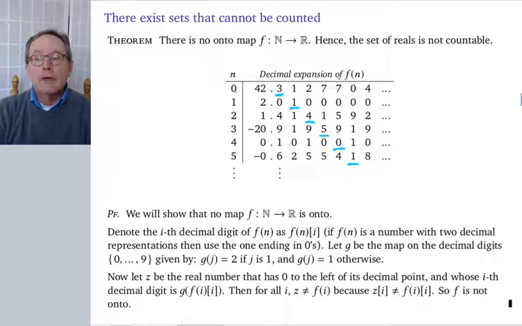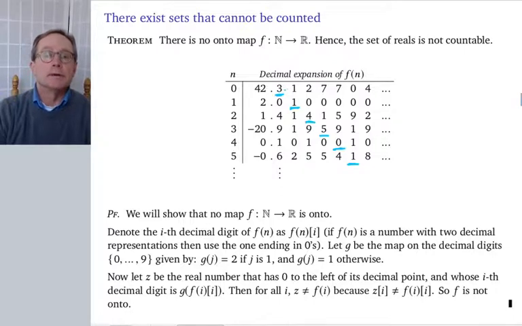How can I guarantee that I produce a number that is not on this list, so that the map is not onto? The number I produce is called z in the proof. The number that I produce will have something other than 3 here. Okay, maybe 1.